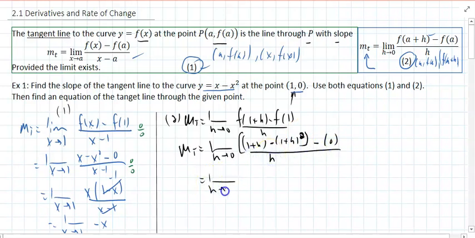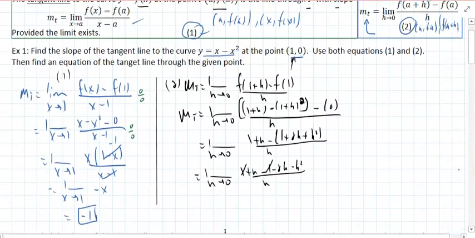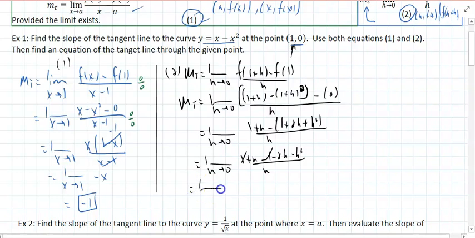That's the limit as h approaches 0 of 1 plus h minus (1 plus 2h plus h squared), which is 1 plus h minus 1 minus 2h minus h squared. And you notice the ones cancel out. And I could combine those. Take an h out. That will be (1 minus 2), which is negative 1, minus h, all times h, over h.